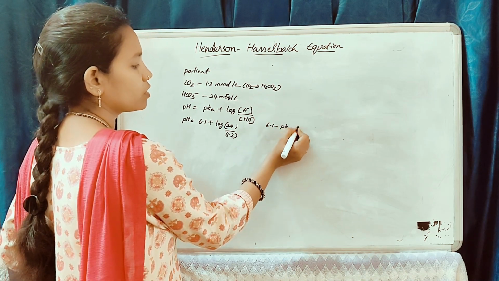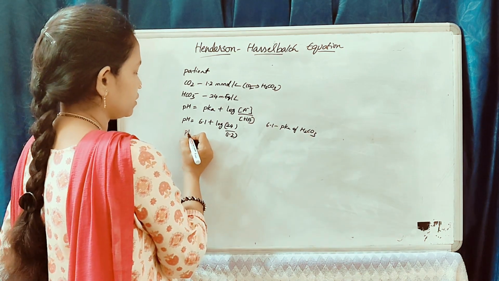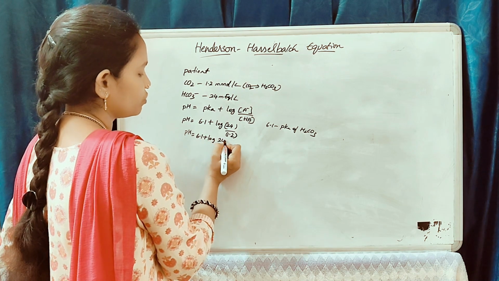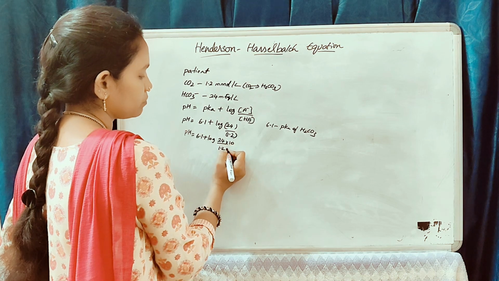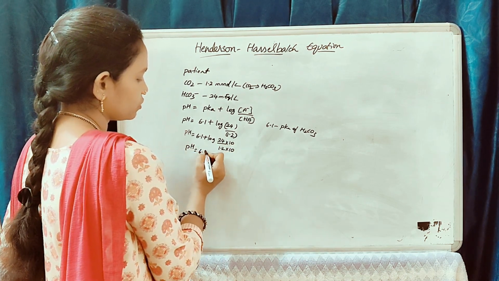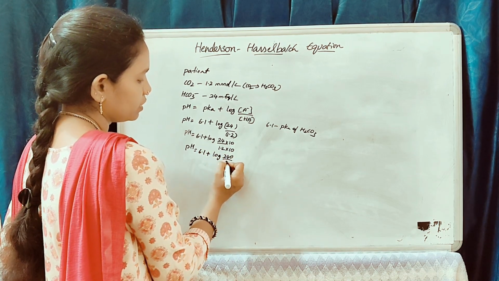So 6.1 is the pKa of carbonic acid. So pH is equal to 6.1 plus log 24 by 1.2. In order to remove the decimal we have to multiply by 10, right? So you'll get pH is equal to 6.1 plus log 240 by 12.